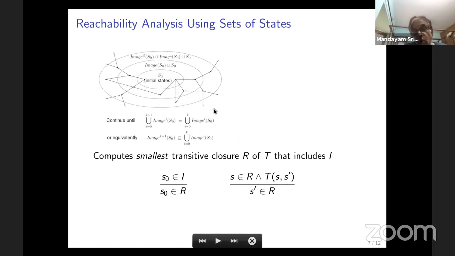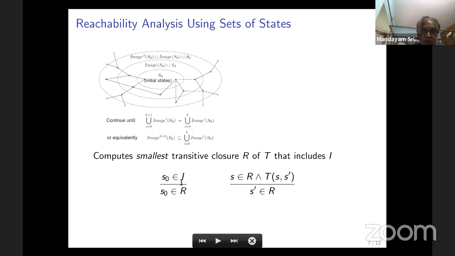Another way to look at this is that what you're doing is computing the smallest, by smallest, I mean in terms of the size of the sets, transitive closure R of T that includes the initial state. The smallest transitive closure R of T that includes I naught can actually be defined inductively as this.